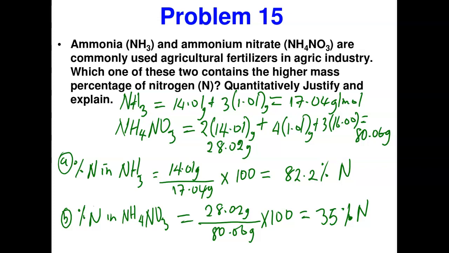The reason is that the mass of this guy is 80.06 and the mass of this guy is 17.04. So when you divide a number by a bigger denominator, it tends to make it much smaller. That is why you see that of these two, ammonia actually contains a higher percentage of nitrogen, 82.2%. And that eventually is our last problem.